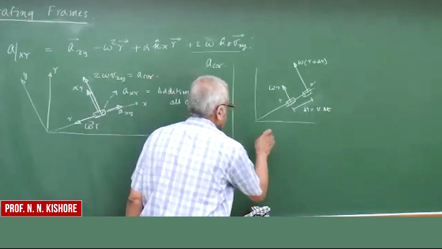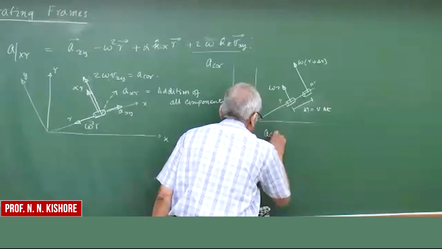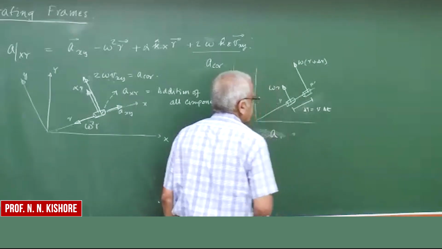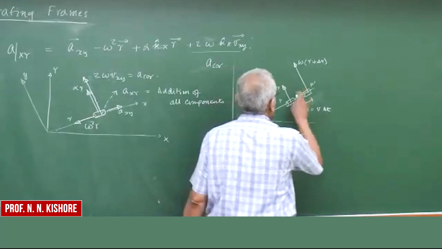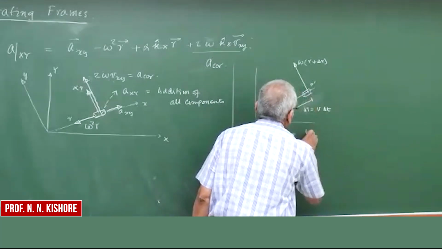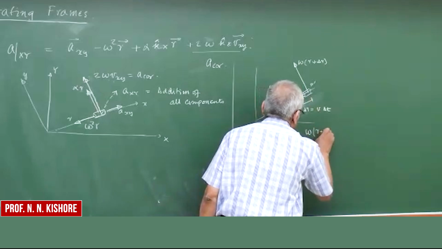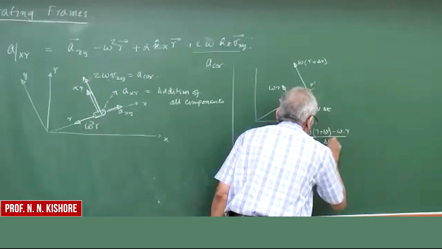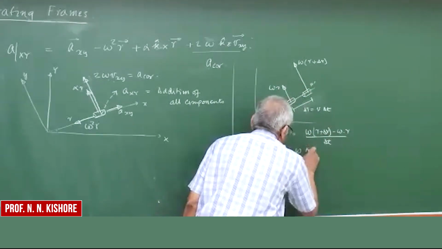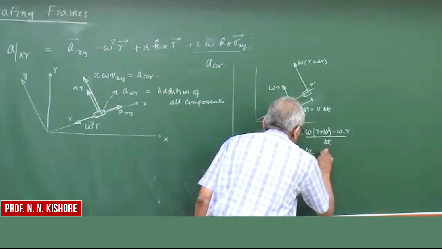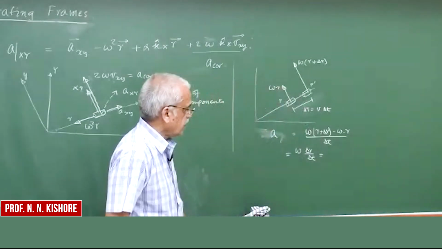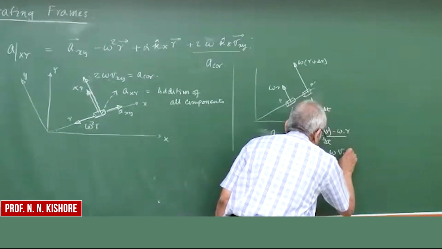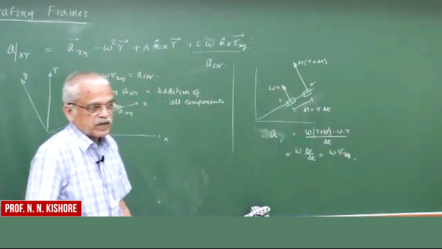So the acceleration component here, the change, comes out to be omega delta R by delta T, which is nothing but omega times Vxy, right?